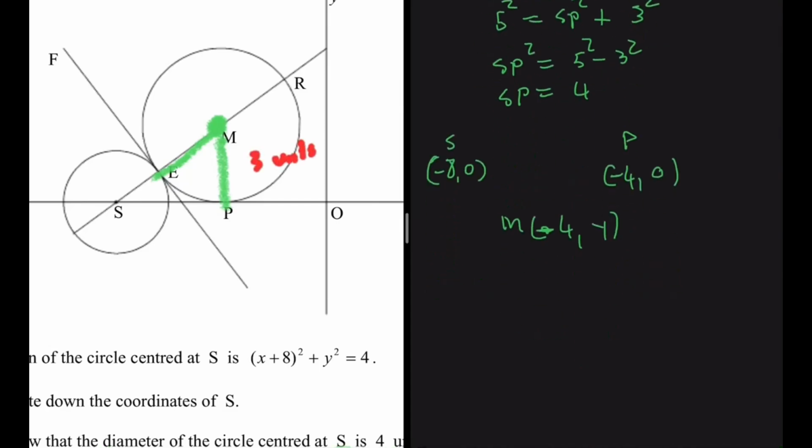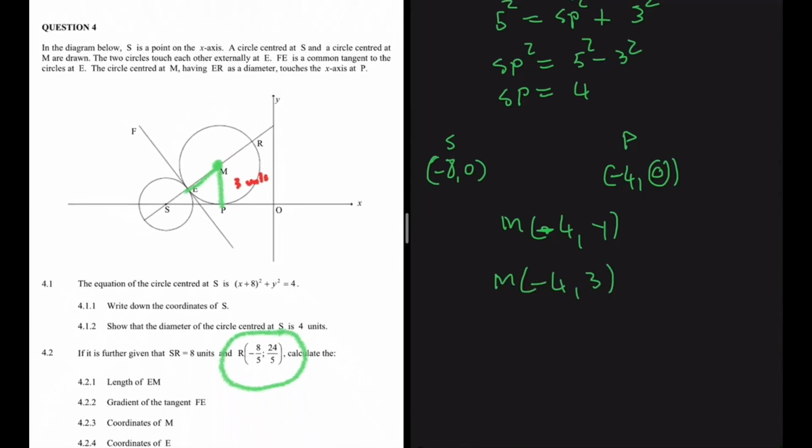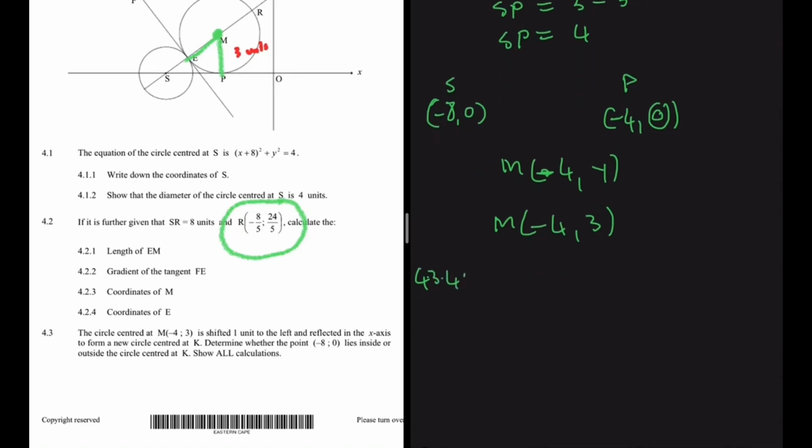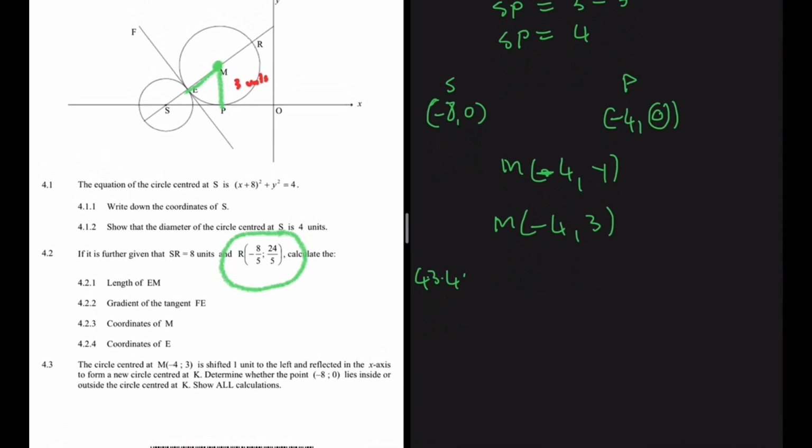We already know fully well that the y value of P is 0, right? So if from P to M is 3 units, then the y coordinate of M should be 3. So the coordinates of M will be minus 4 and 3. Right? And now we can move to 4.3.4, which says we should find the coordinates of E.